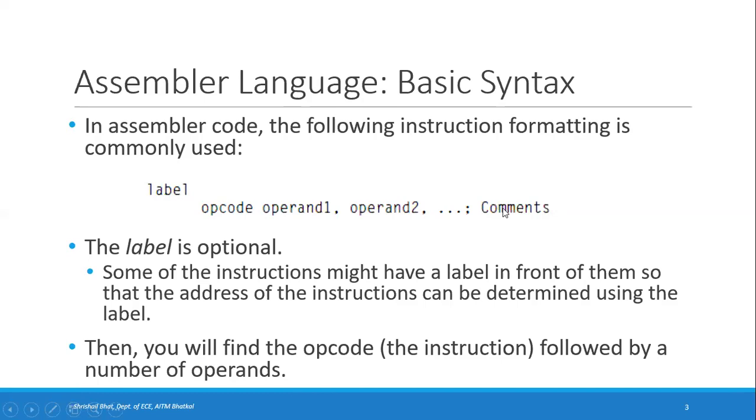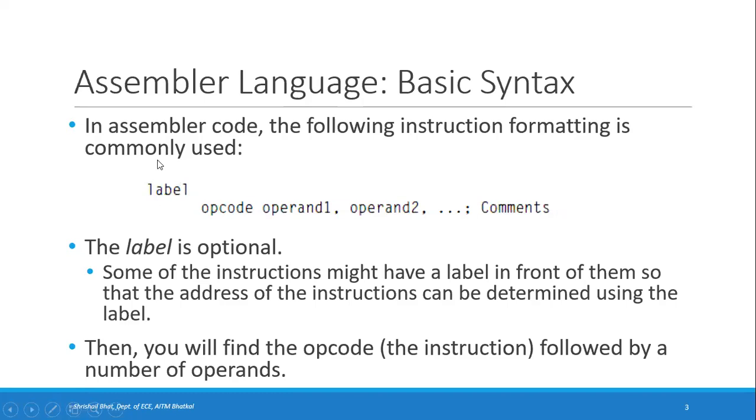The comments indicate what the operation will do, and the label gives you a shortcut. Instead of using the address, you can use the label to indicate a particular address, a particular line of code. Some of the instructions might have a label in front of them, so that the address of the instruction can be determined using the label.